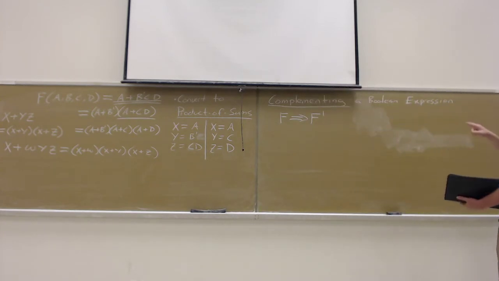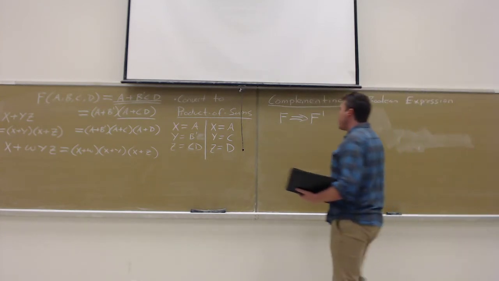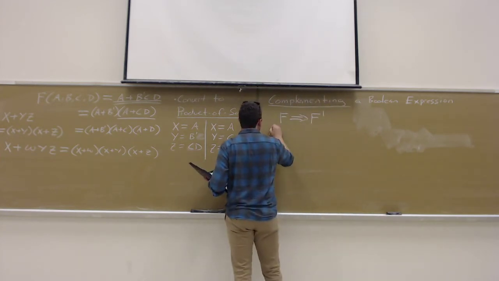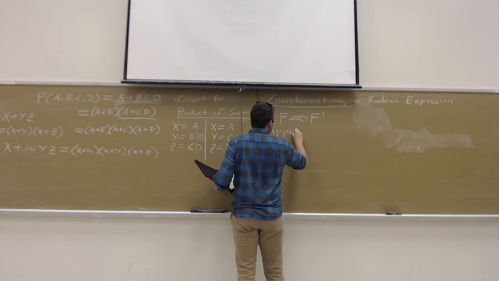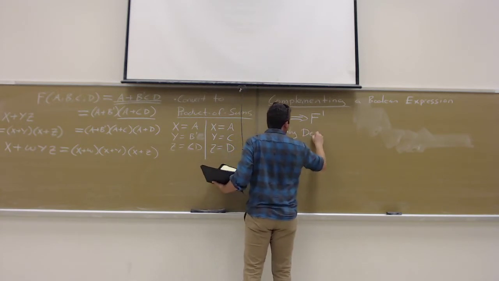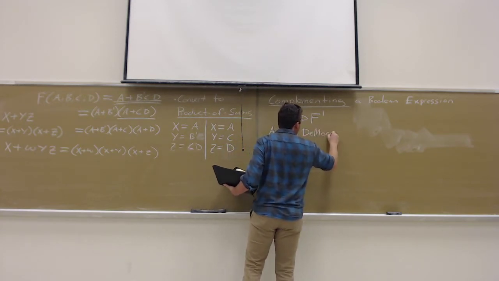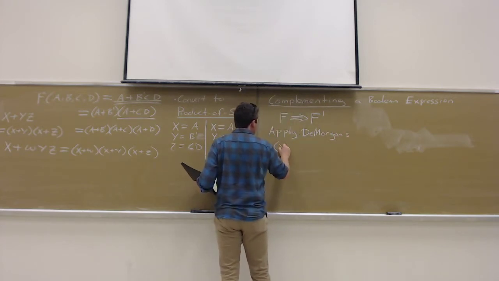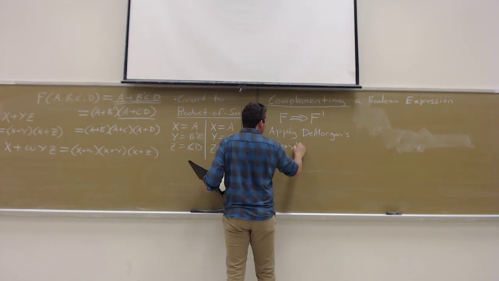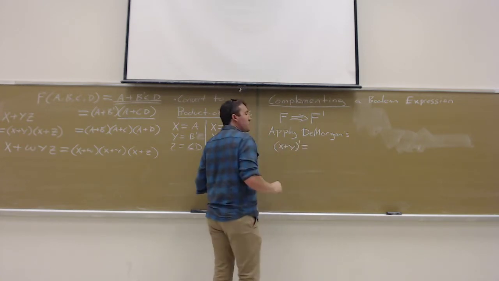To do this, we apply one of those properties, De Morgan's theorem, over and over again. De Morgan's theorem: X or Y, all naught, is equal to what?